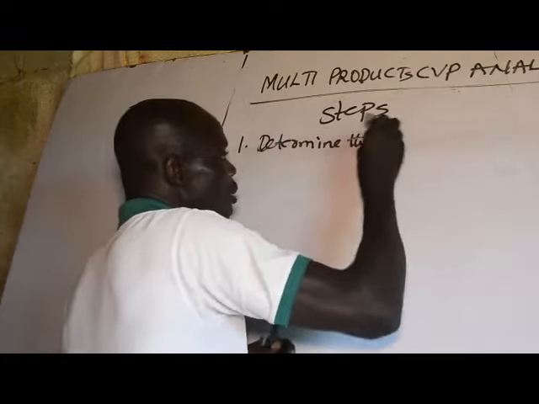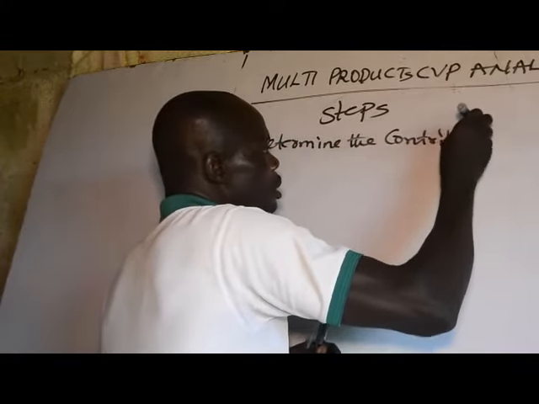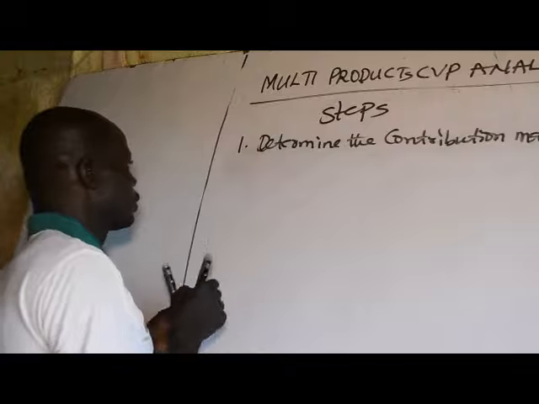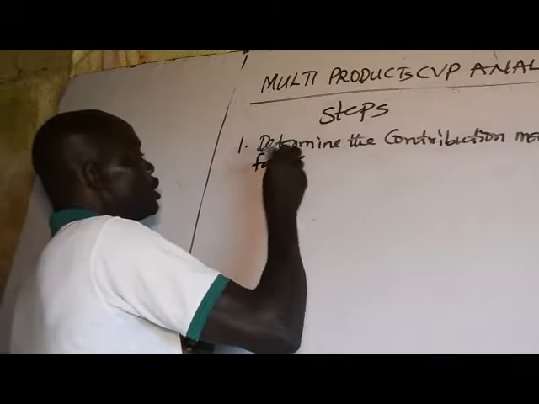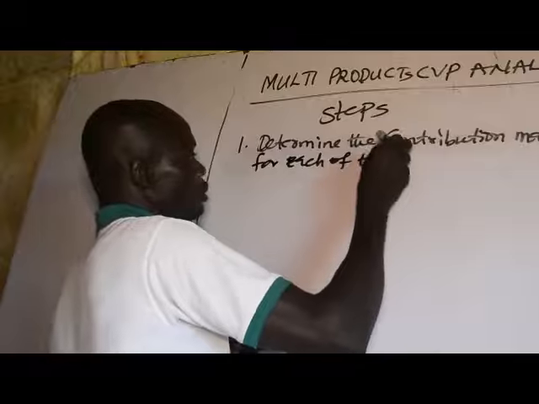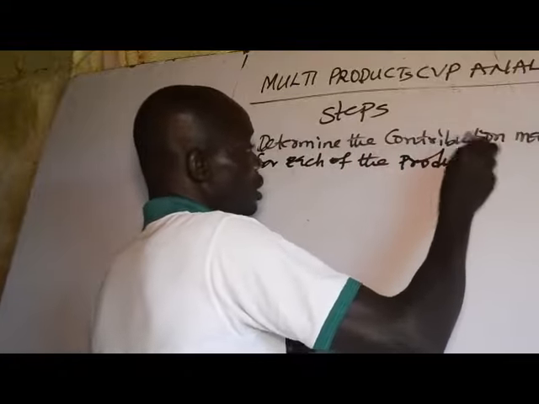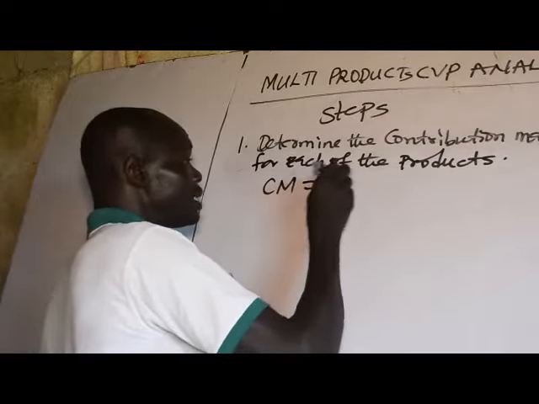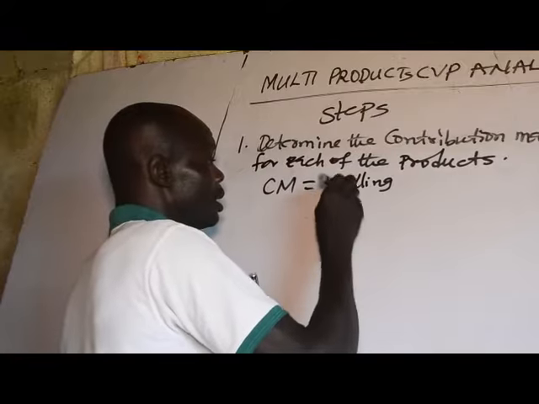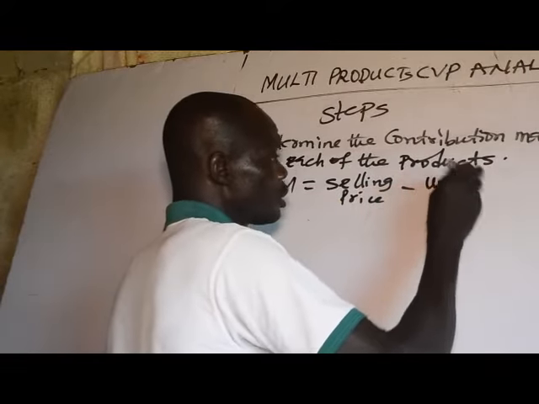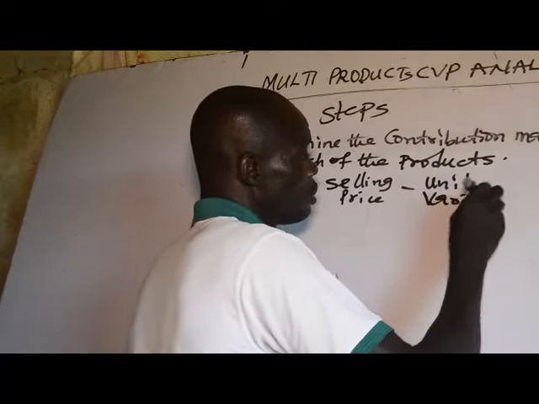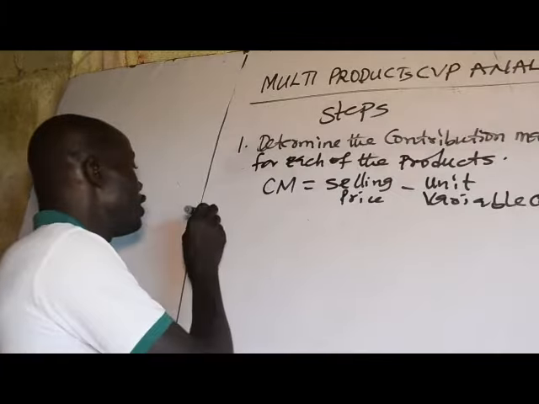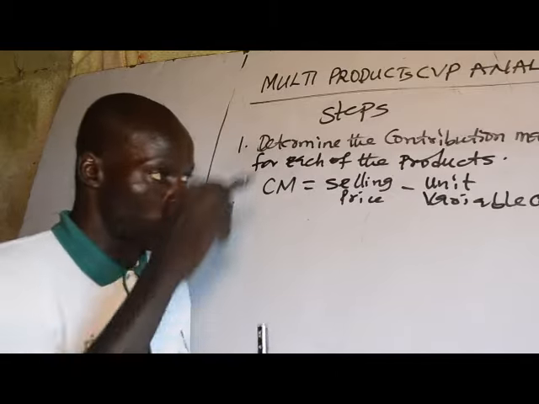Remember, contribution margin, CM, is equal to selling price minus unit variable cost. So that is the first step. You determine the contribution margin for each of the product.